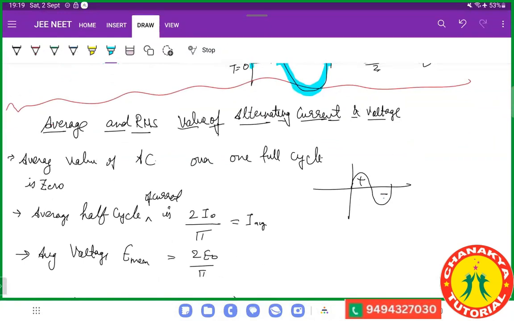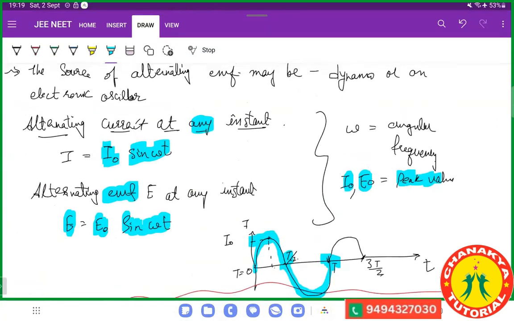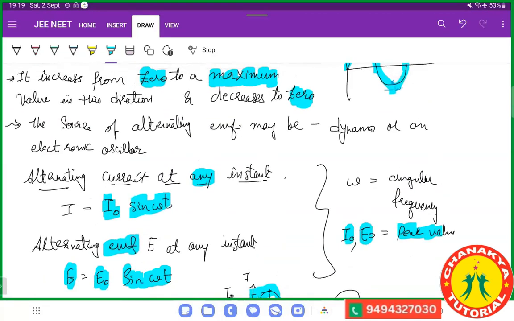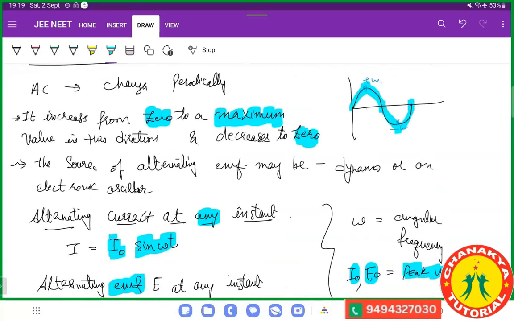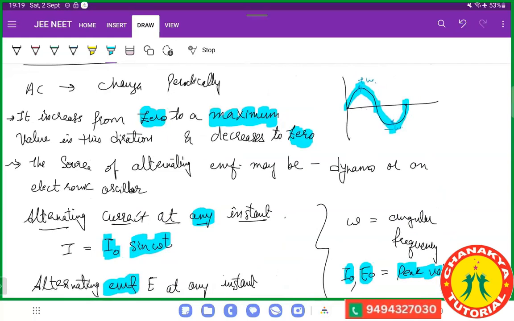Can you send the screen in the group? Because there's something wrong with my device, I can't take screenshots. Sure, I'll send it.